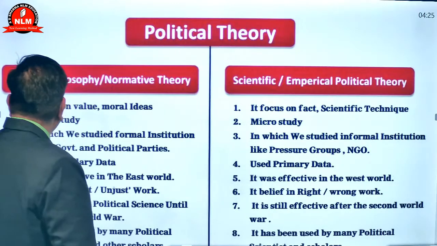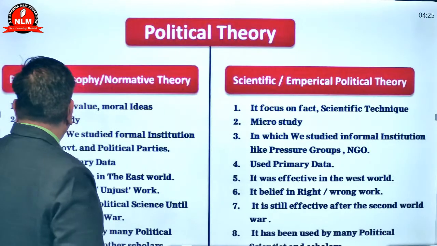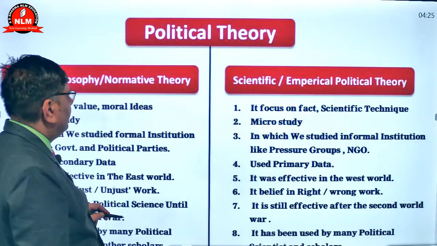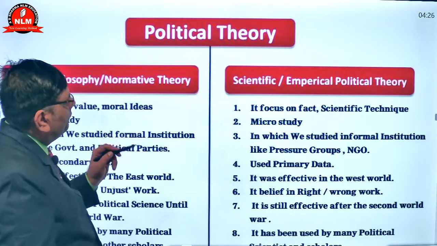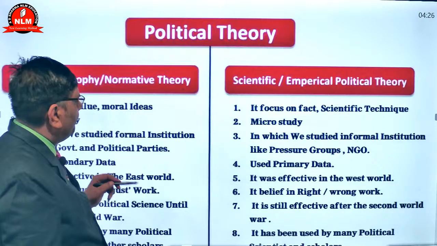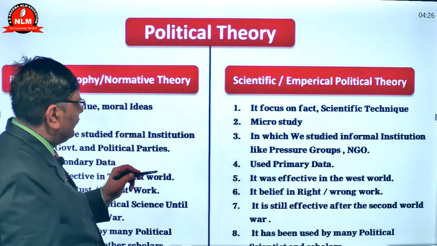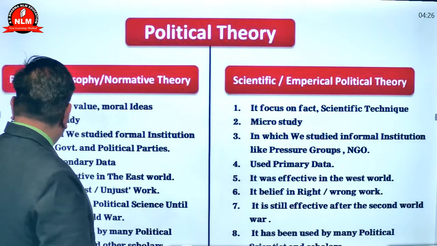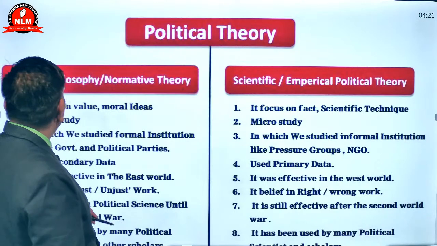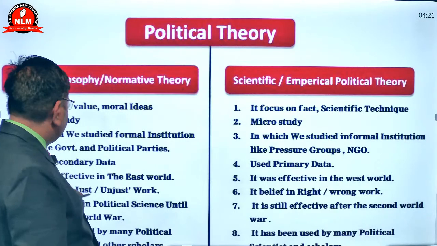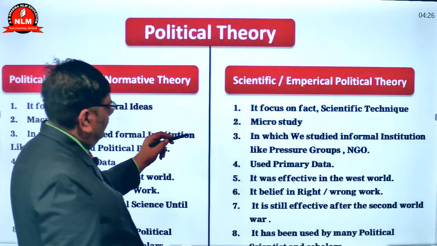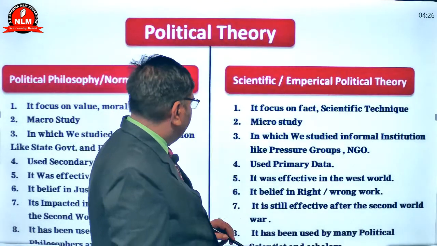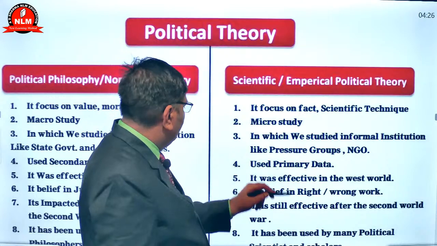The fifth feature of political philosophy is that it was effective in the Eastern world. The fifth feature of empirical political theory is that it was effective in the Western world. The sixth feature of political philosophy is belief in just and unjust work. The sixth feature of empirical political theory is belief in right and wrong work.